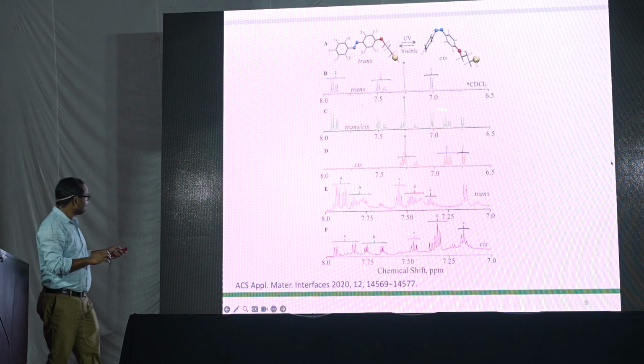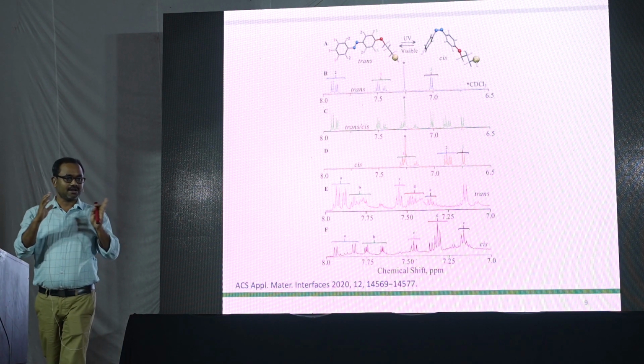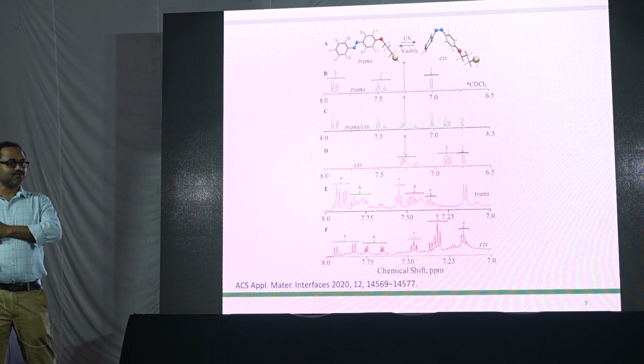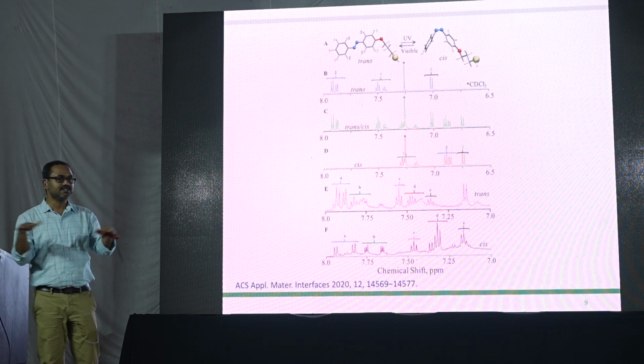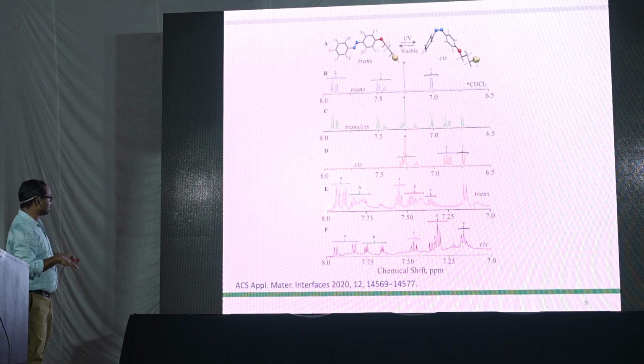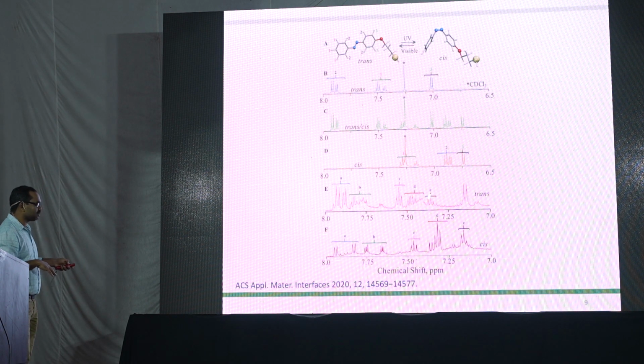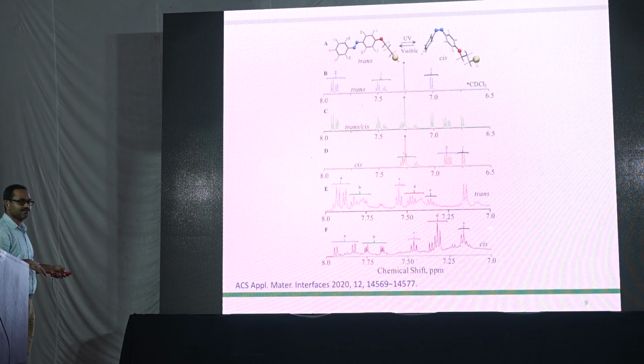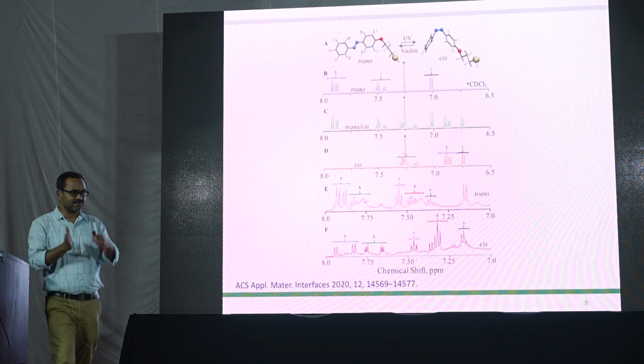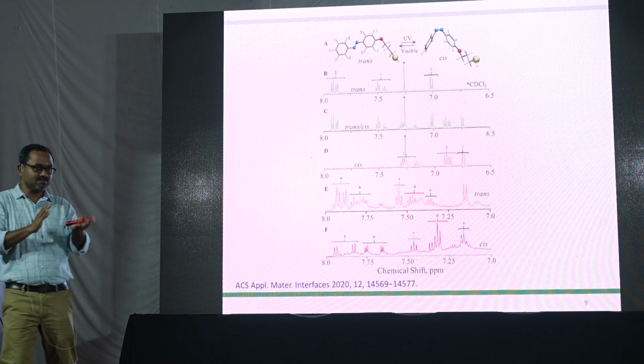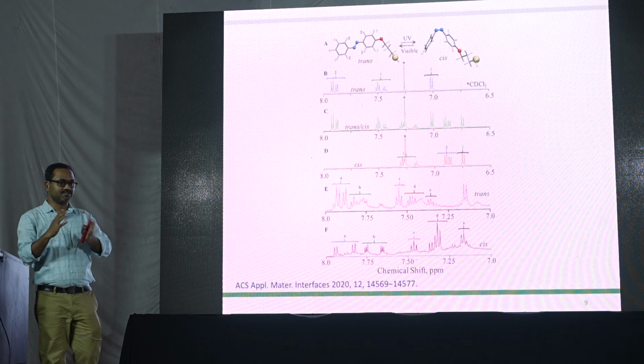Here you can see the trans geometry, then a mixture, and if you shine for a long time, all the molecules will be in the cis geometry. This is trans Au25 nanoclusters, and this is cis Au25 nanoclusters, and in between we see a mixture of both.